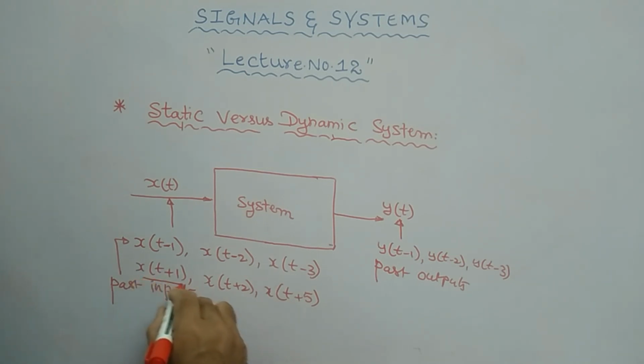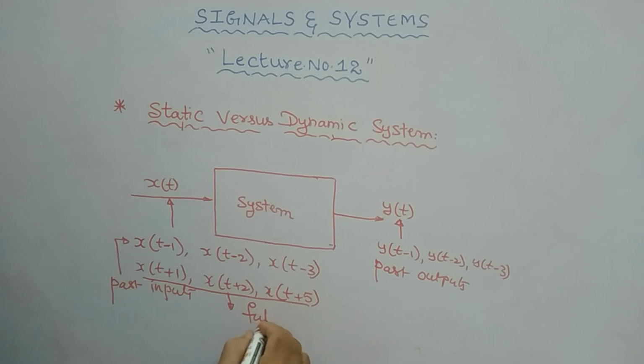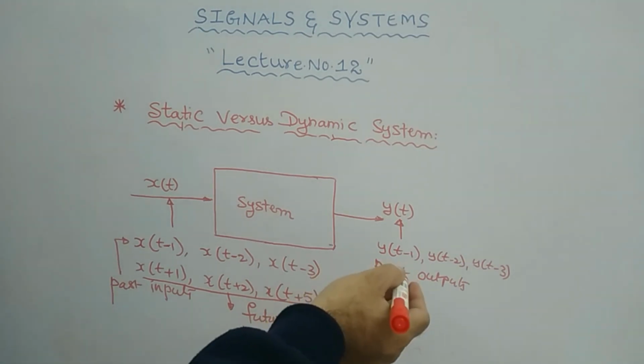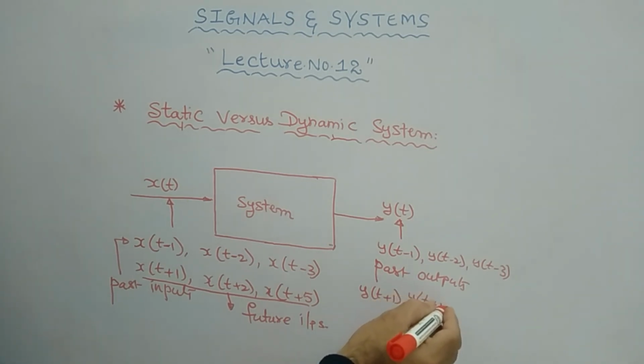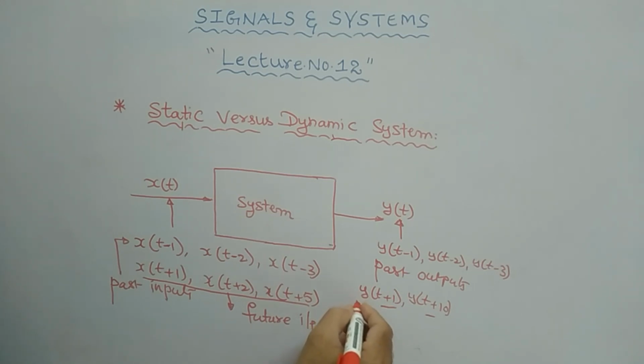Similarly with the output: y of t plus 1, y of t plus 10, whatever the value you take, if you consider the plus value, these are called future output values. This is the meaning.